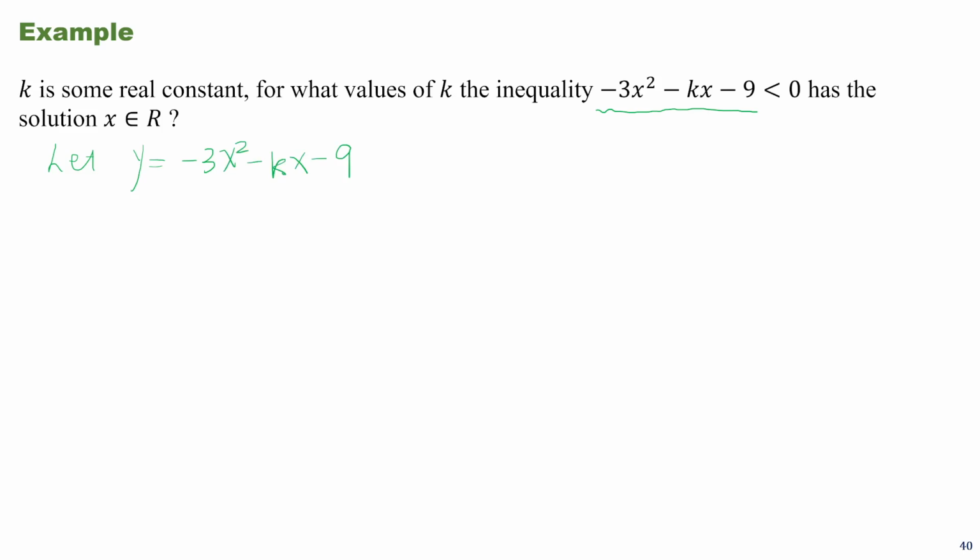A is less than 0, so we know it's opening down, right? If it's opening down, there are only 3 possibilities. It could either have 0 x-intercepts, or just 1 x-intercept.